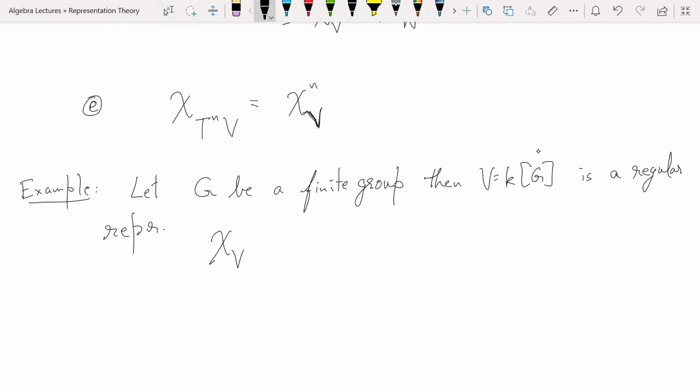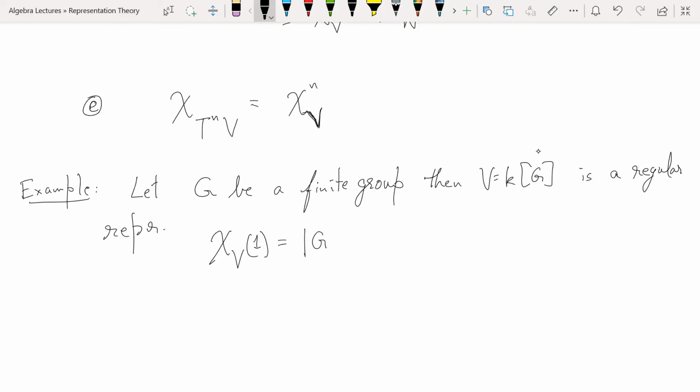But anyway, so we want to know what is the character of V. So it actually does not depend on G. At least for some elements we know, right? So if you consider the identity element, what will be the number? 1? No. Size of G. It's the dimension of the representation.